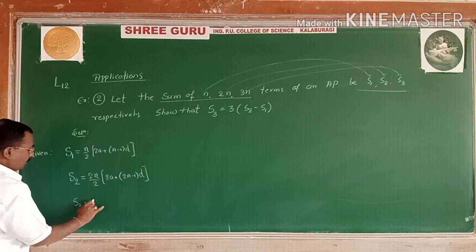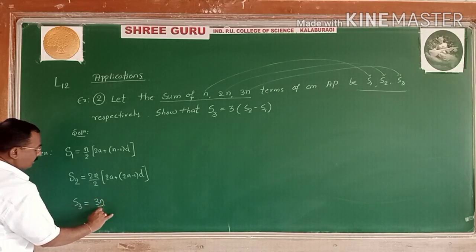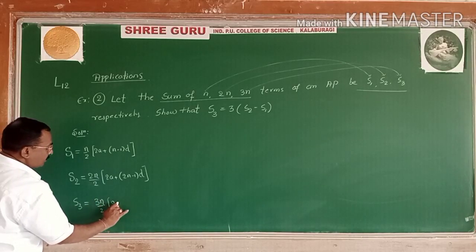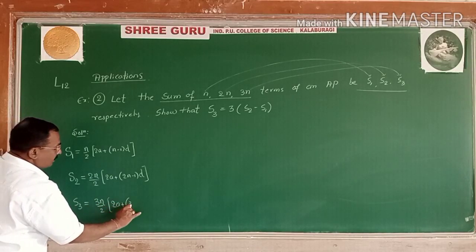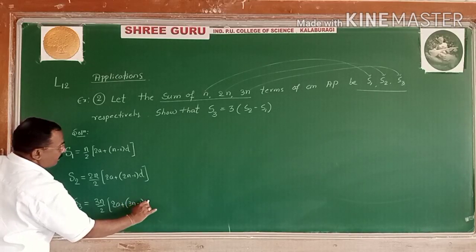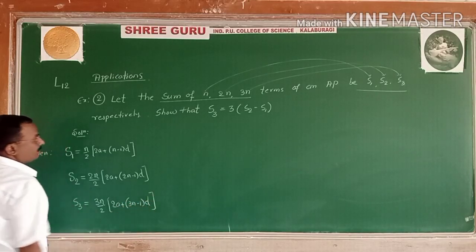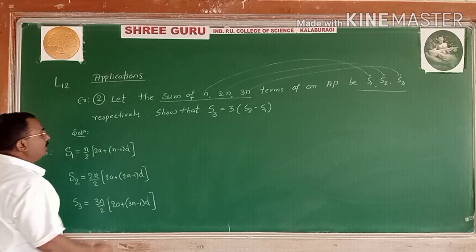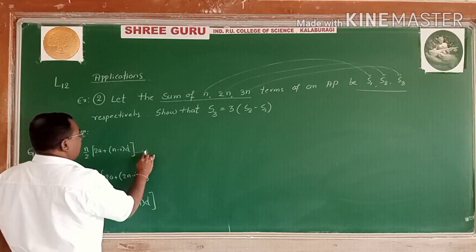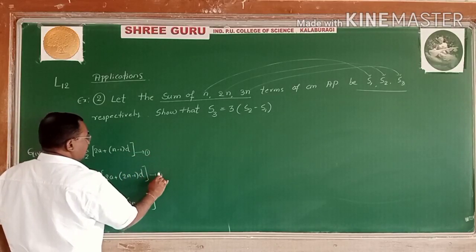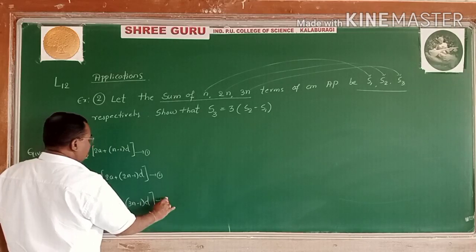S3 is equal to what? 3n by 2 times (2a plus (3n minus 1) d). This is the formula. This is equation number 1, this is equation number 2, this is equation number 3.